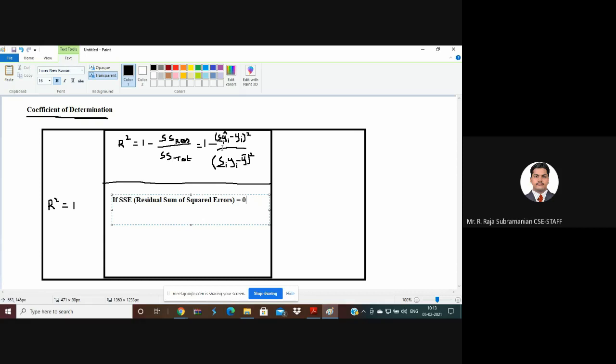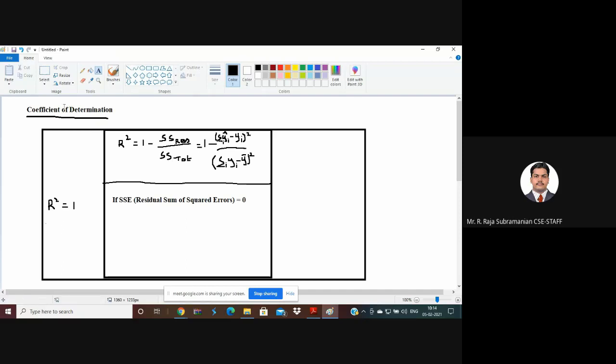If SSE becomes 0, 1 minus 0 divided by whatever is at the bottom, I don't consider. If the error is 0, then great. If SSE is equal to 0, I get R squared equal to 1. Right? But ideally this will never happen, because we usually say that 100% is not possible. But closer to this, at least 90% R squared value is acceptable. Like 0.9, 0.8 is very good, right?